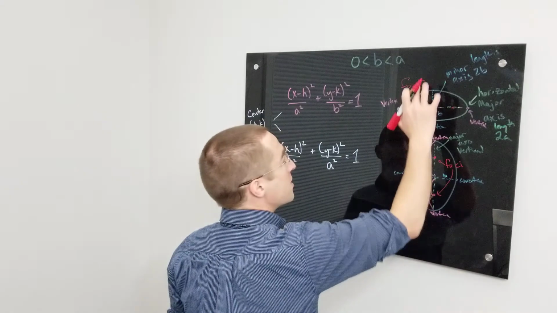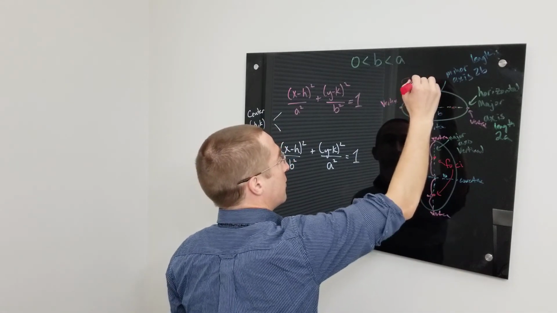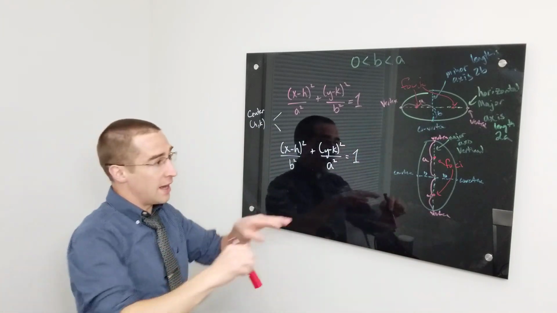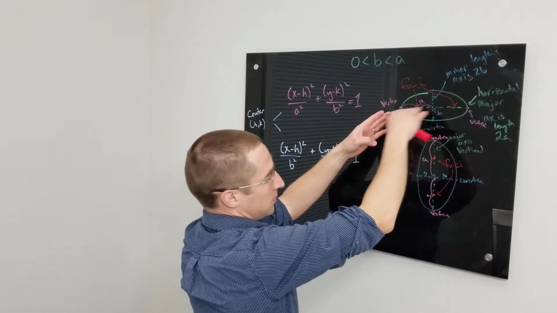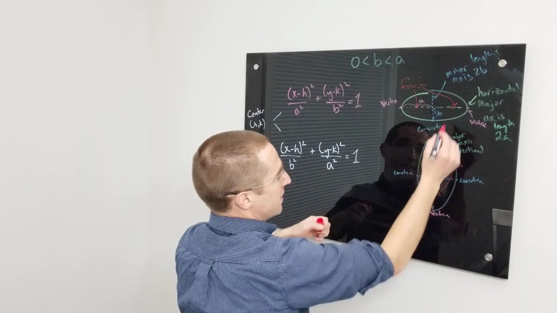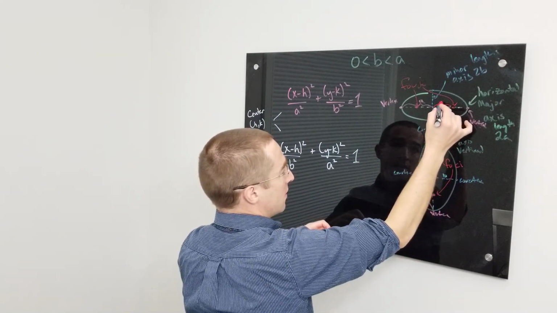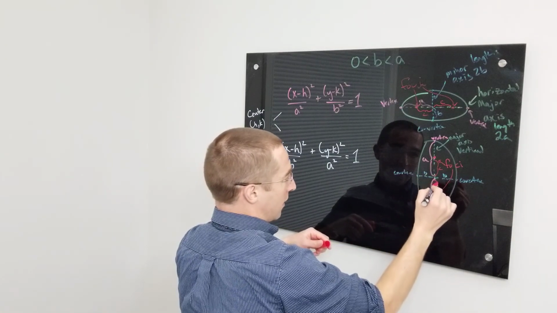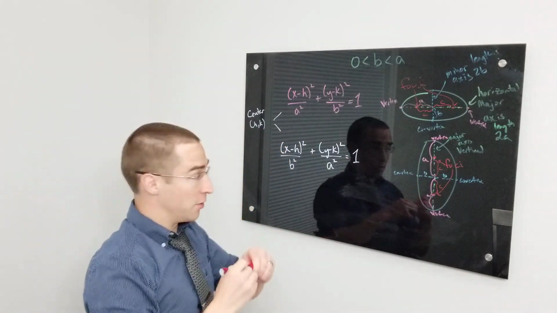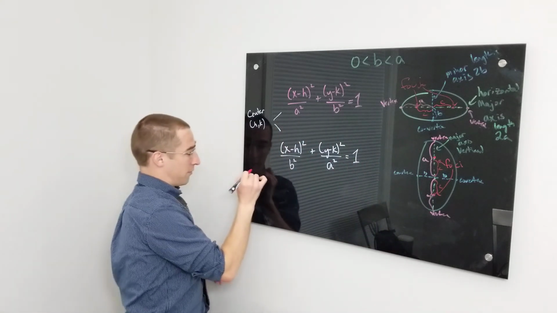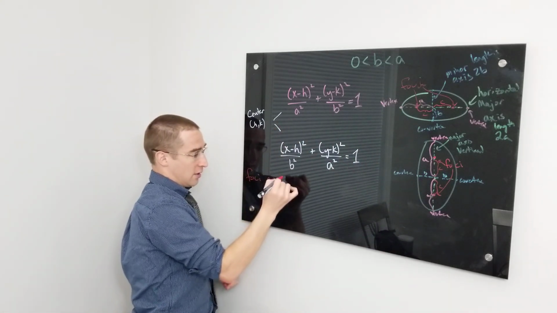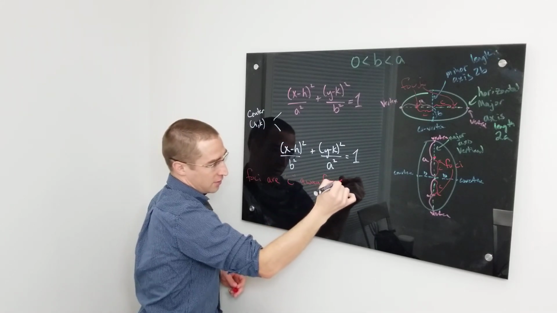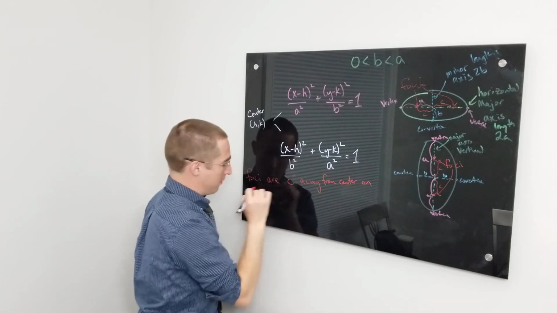So the foci always lie on the major axis, and they're the distance c away from the center along the major axis.